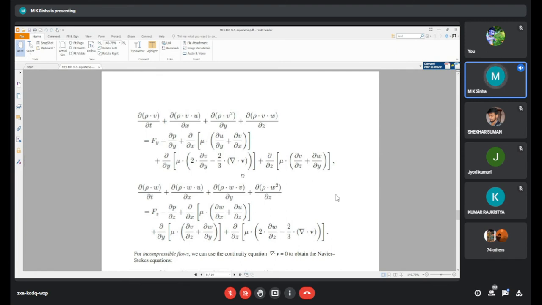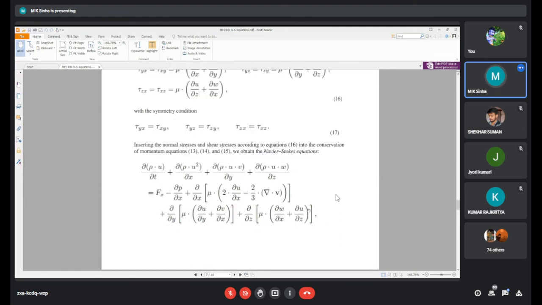Along the z direction, the product is the z component velocity squared on the left side, and the gradient of pressure in z gives the momentum equation along the z-axis. So all these are the Navier-Stokes equations for a three-dimensional, unsteady, compressible fluid.